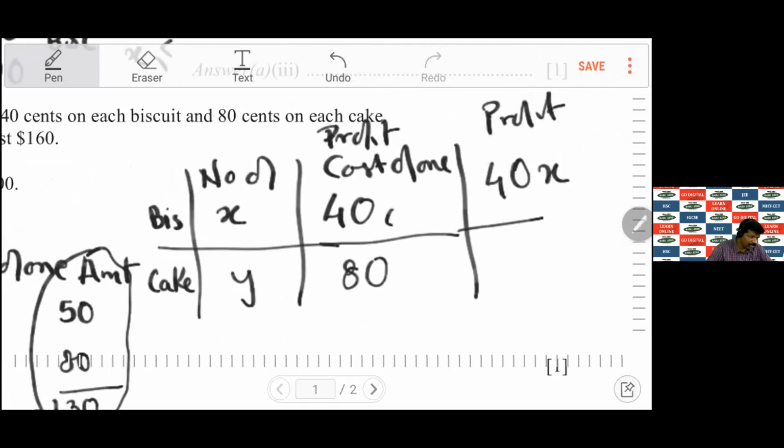Now, what is the number of cakes? Y. And what is the profit on each cake? It is written there, that is for one cake: 80. So the profit on cakes is 80 into y. And what is the total profit?